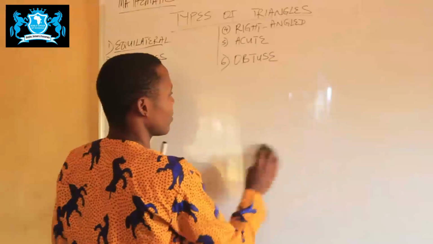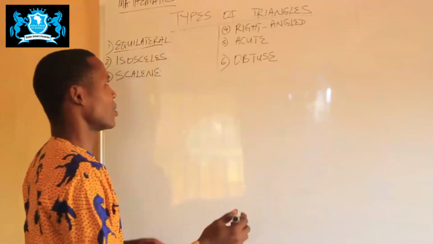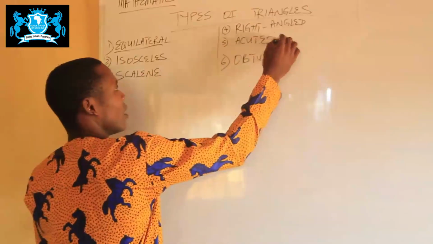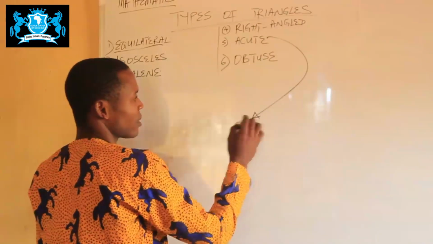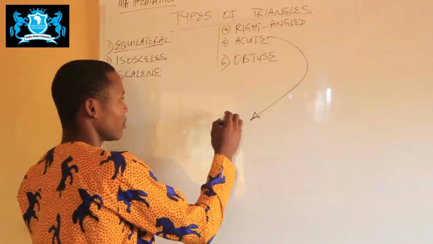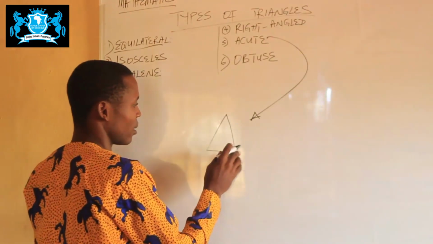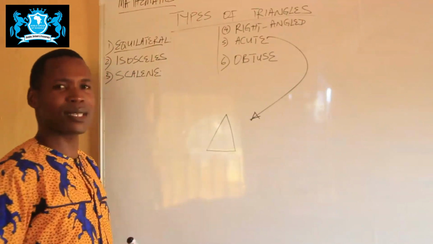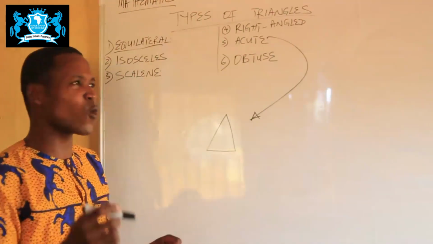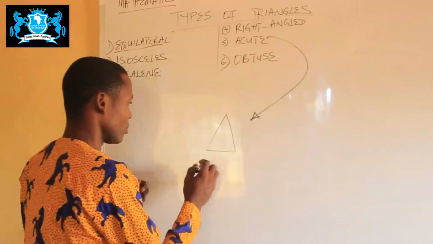Then we have another type we call the acute triangle. Say acute triangle. An acute triangle is any kind of triangle in which none of the angles is more than 90.